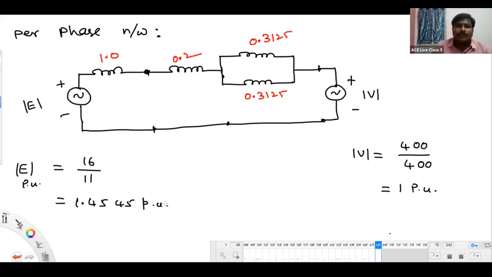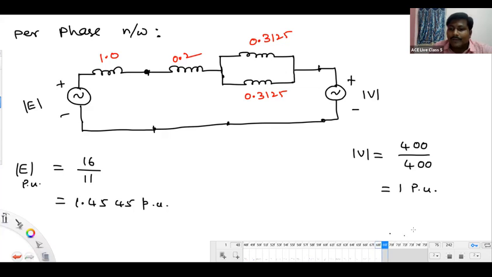Now, you simply convert this whole network into a single element model, and then you find out the maximum power transfer capacity. So I can say the X equivalent value is 1 plus 0.2 plus 0.3125 in parallel to 0.3125.